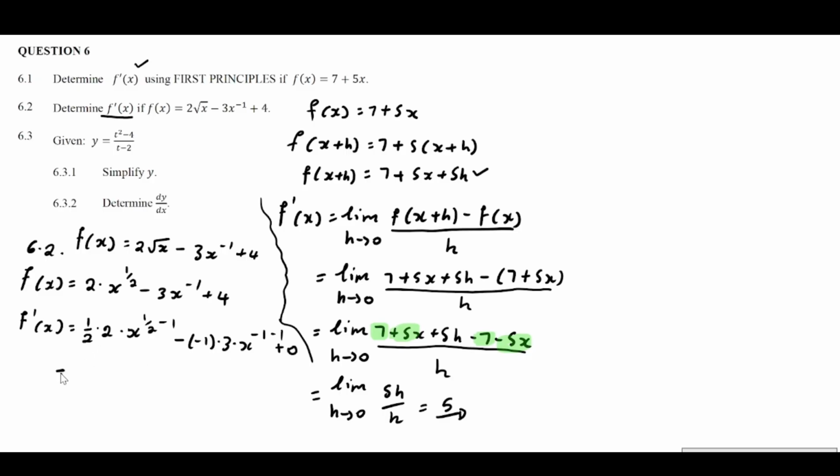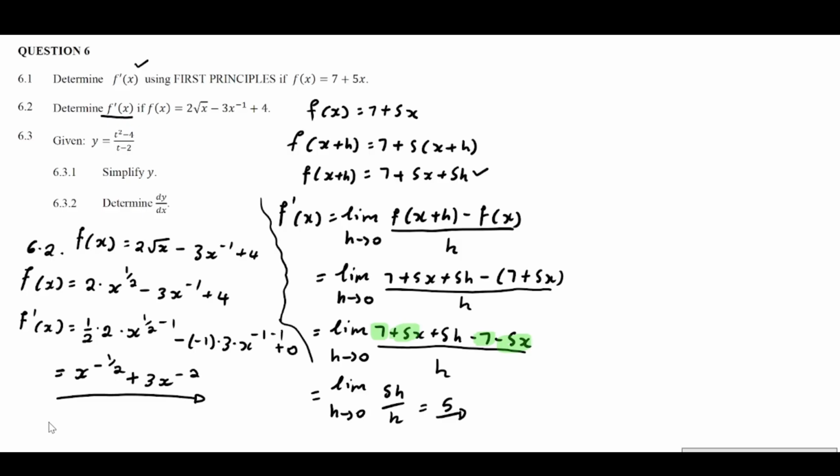And then when you simplify this, 2 and 2 divide, we'll be left with x to the exponent of half minus 1, which is going to give us negative half. And then these two are going to give us a positive 3x to the exponent of negative 2. This is the final answer.